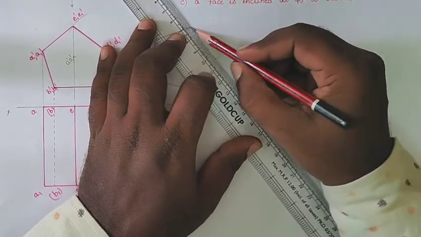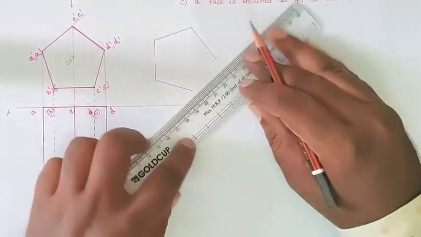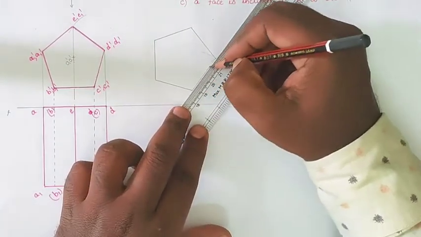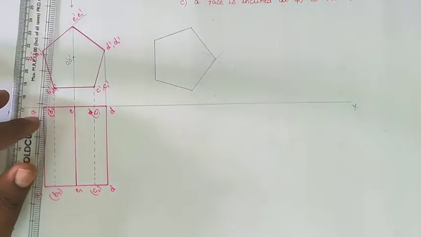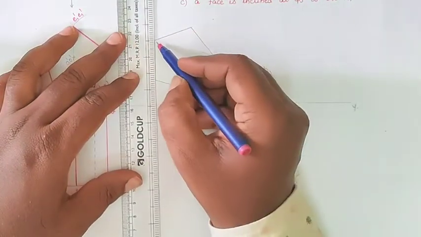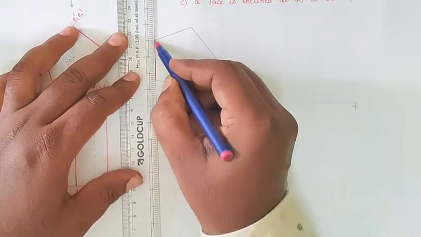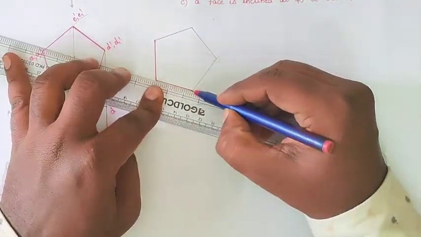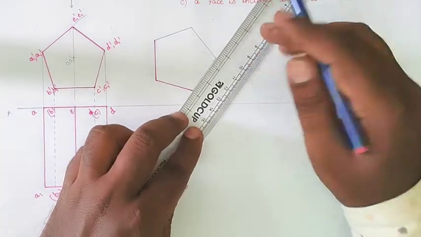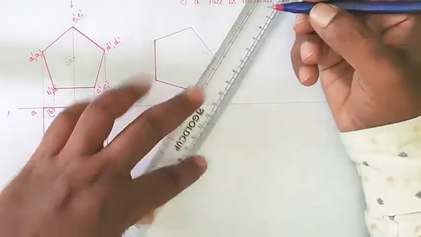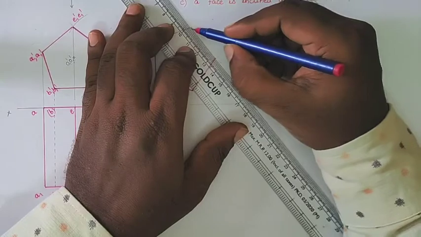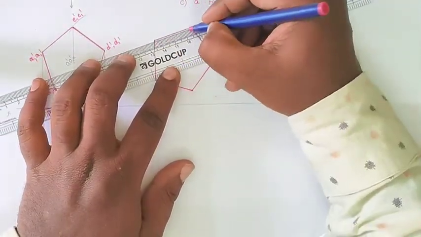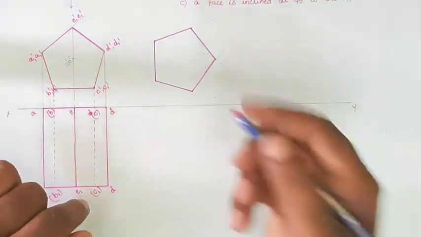The shape of the front view is like that. So face perpendicular to HP means draw the side of that face perpendicular to the reference line and draw the front view of our diagram. So this is the front view.